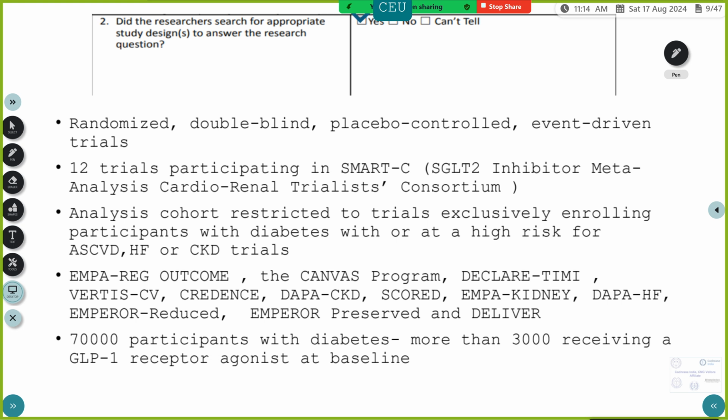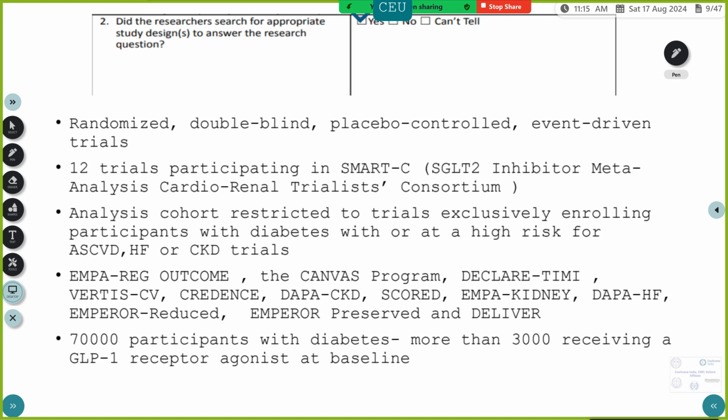They've chosen 12 trials which were part of this consortium, the SGLT2 inhibitor Meta-Analysis Cardiorenal Trialist Consortium, and they've restricted the analysis cohort to exclusively participants with diabetes among these three populations. The first population is diabetics with or at a high risk for ASCVD, heart failure and CKD. So among these 12 trials, they have taken these diabetic populations and classified them into these three groups.